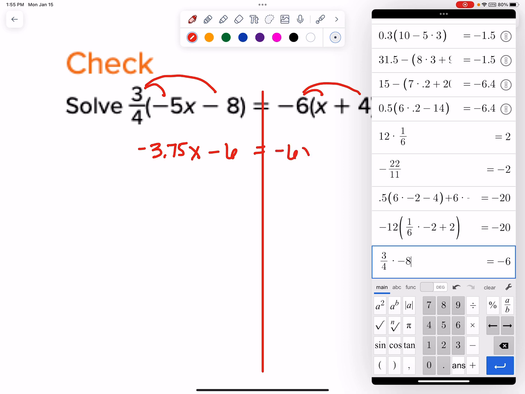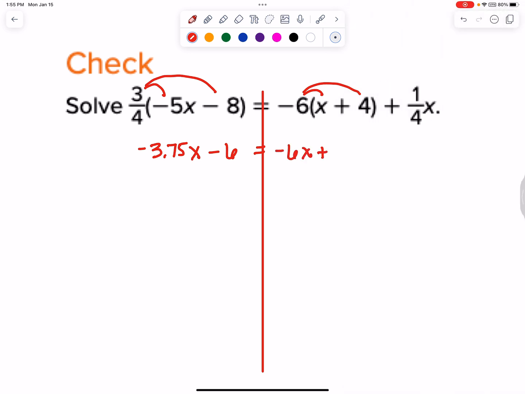This is obviously negative 6x plus 6 times 4 is negative 24 plus 1/4 x. Okay, so there we go. Let's go ahead and get some like terms combined. So I have a negative 6x and a positive 1/4 x.